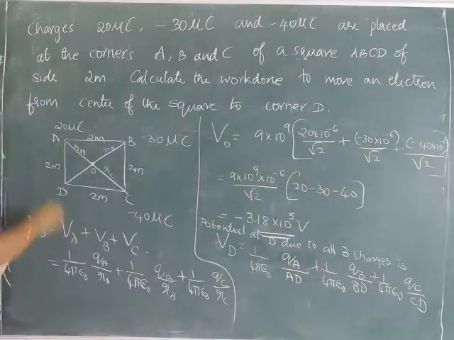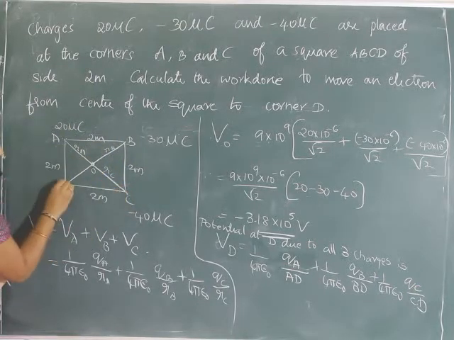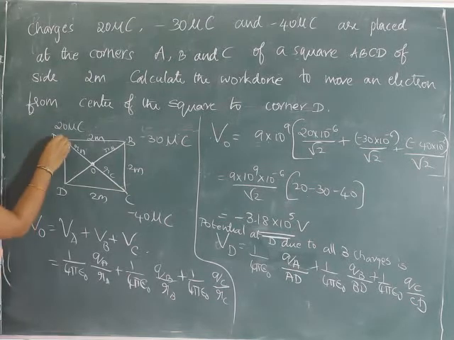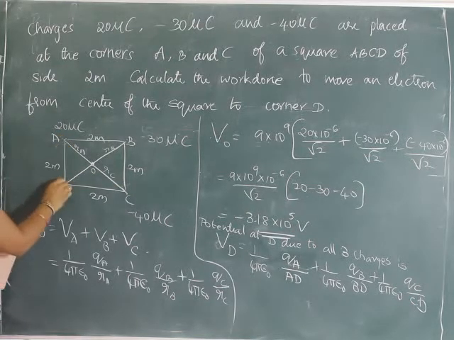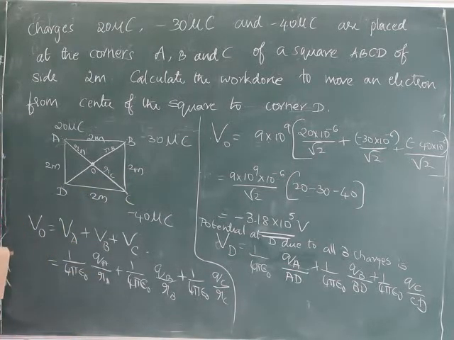Correct? Due to this one from here to here, due to this one from here to here. So, therefore, QA by AD, QB by BD, QC by CD. Substitute and calculate. Add.